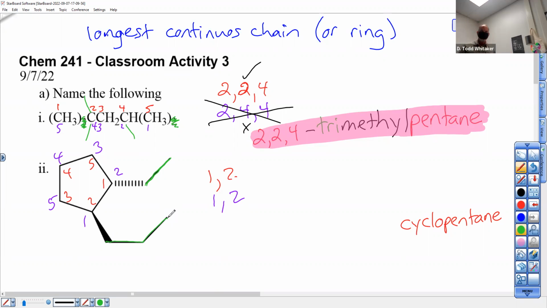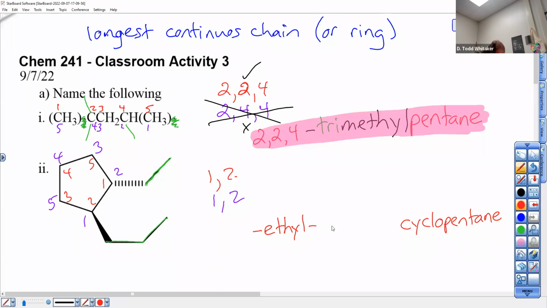Propyl. So I got a group ethyl and a group propyl, and groups get listed alphabetically in front of that chain or ring. So what's first, an E or a P? E. So you tell me ethyl. There's going to be a number in front of it.